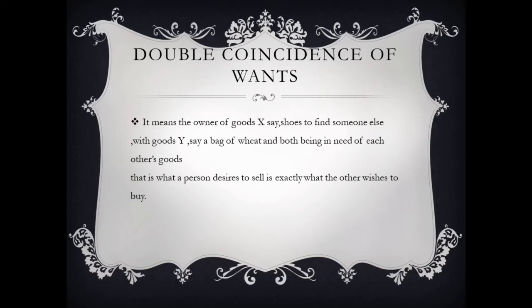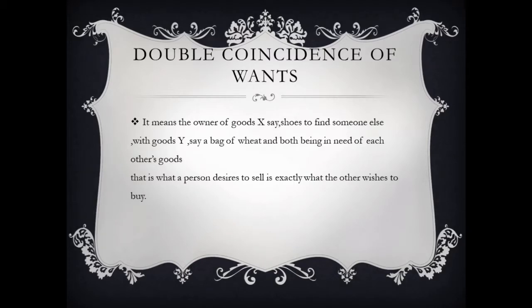And another one tells, I want shoes but I don't have wheat. Such kinds of situations we face in the economy. So it is not an easy thing to get double coincidence of wants. Both buyer and seller have to have the need of each other's goods.